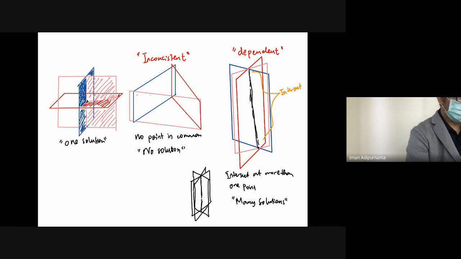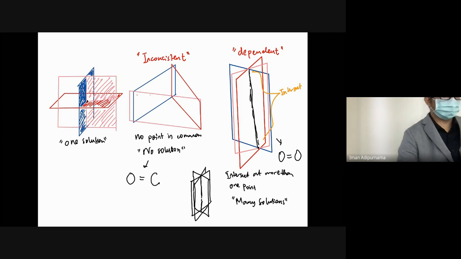If you remember, no solution is when you calculate and you have something with 0 equal to a constant number. This is no solution. If you end up with 0 equals 0, that means it's infinitely many solutions.